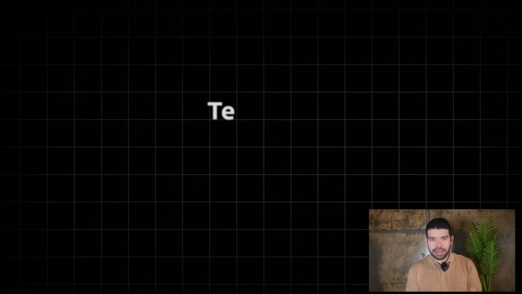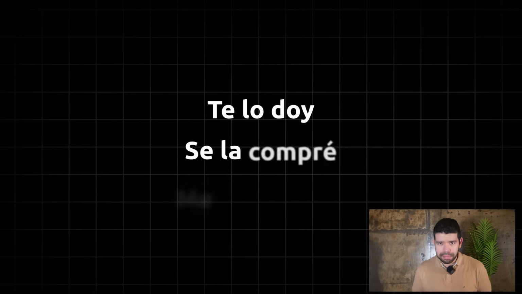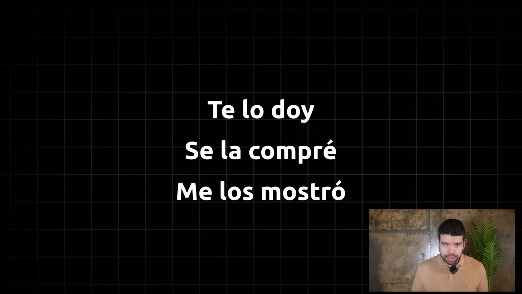And again, this lesson combines parts 1 and 2 of our object pronoun series. Double object pronouns are simple. A person plus a thing in the same sentence before the verb. Again, you want the examples again? Te lo doy, se la compré, me los mostró.